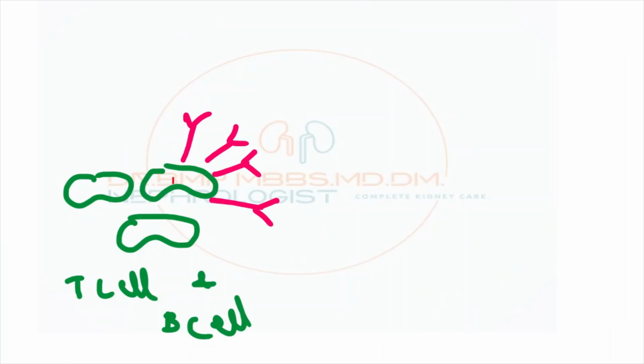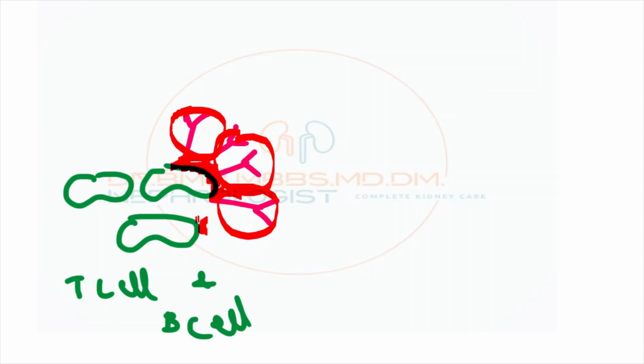If the patient is having antibody and it interacts with the donor lymphocytes, they will attach to the donor lymphocytes, and we can easily detect it by applying a colorful antibody to detect this IgG.